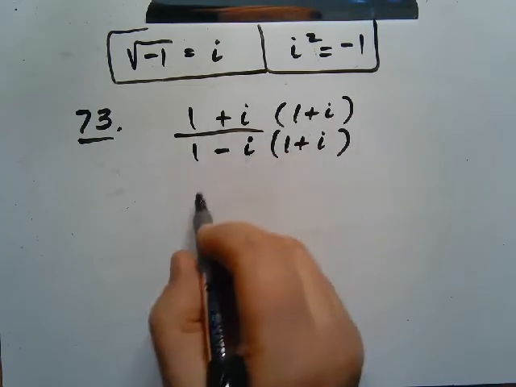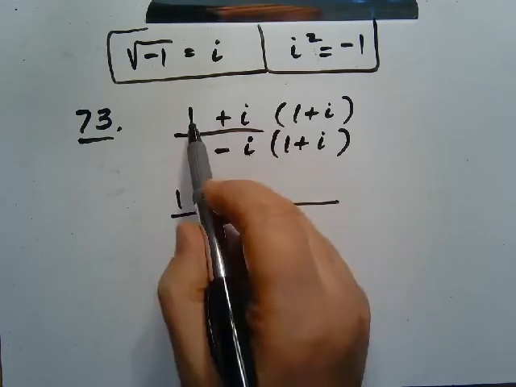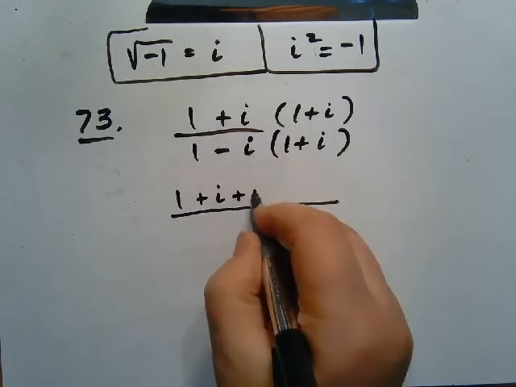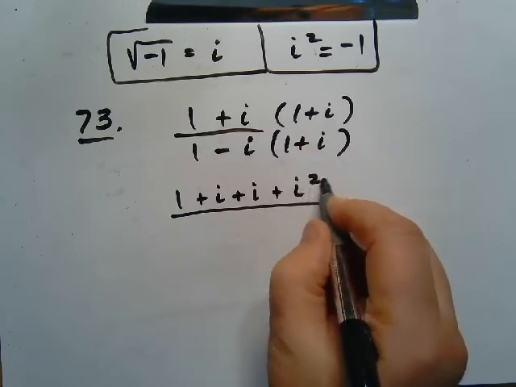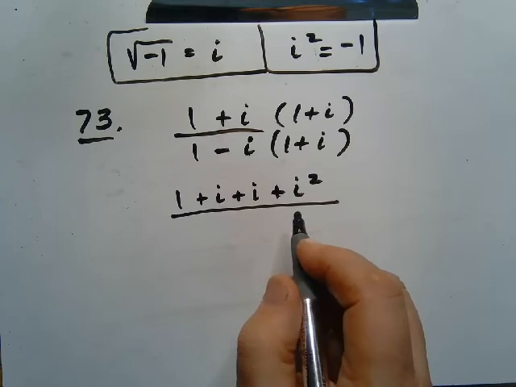So here we go. The numerator, FOIL. 1 times 1 is 1. 1 times i is 1i. 1 times i is another 1i. i times i is i squared. Okay?